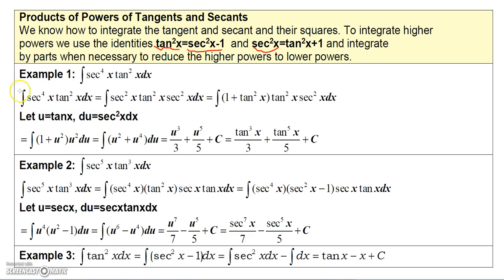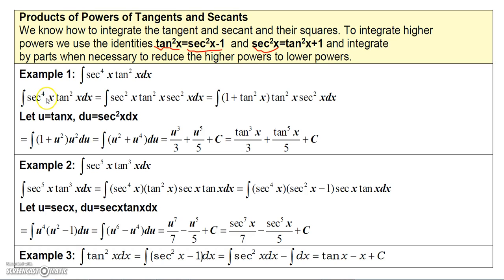Okay, so in this example I've got secant to the fourth x times tangent squared x dx, and I want to integrate that. Anytime I have a secant power, if I can write it as a secant power times a secant squared power, then I might be able to let u equal tangent, and then du would be the secant squared that I use to get from this power.